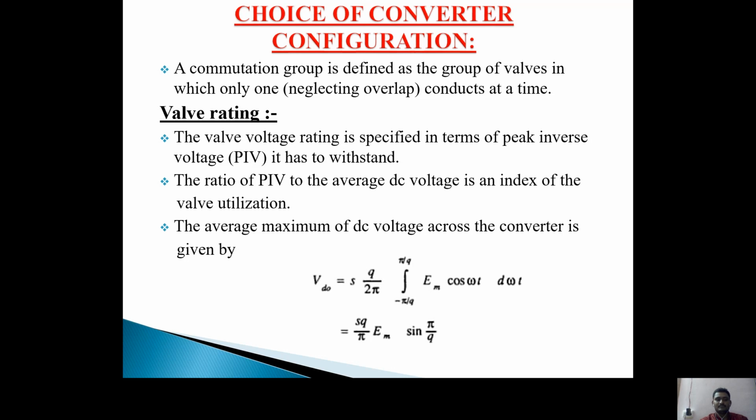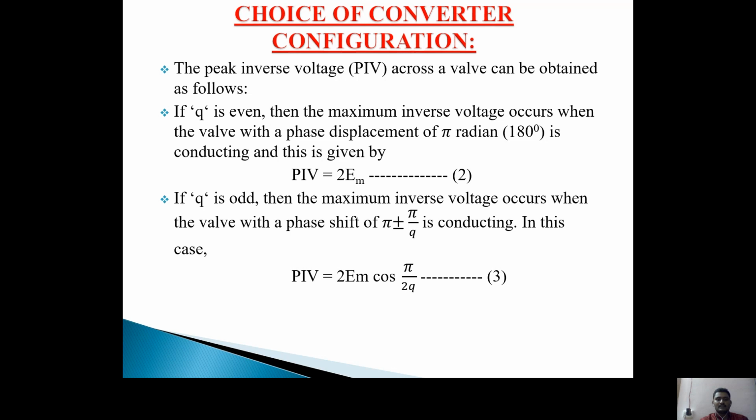Next, the peak inverse voltage. The peak inverse voltage across a valve can be obtained as follows. We have two cases: an odd valve group and an even commutation group.